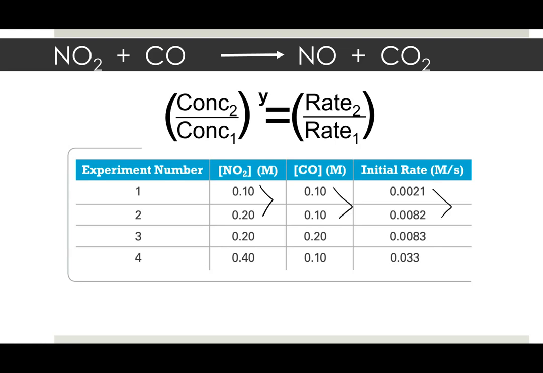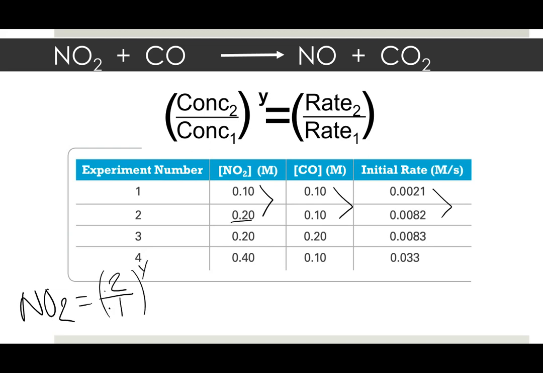Let's look at the rate. So for NO2, we're going to be looking at the concentration of trial 2, so 0.2, over the concentration of trial 1, which is 0.1, raised to that y.